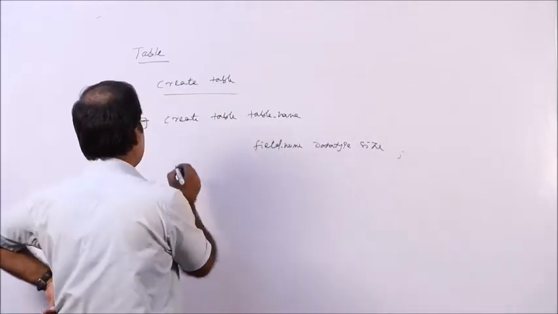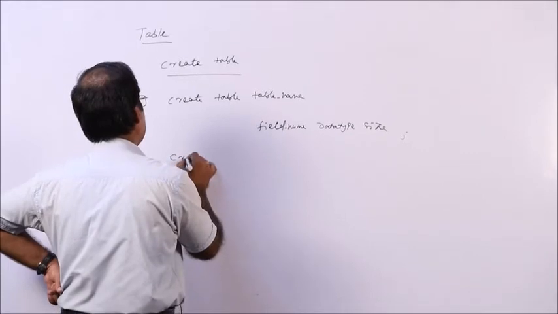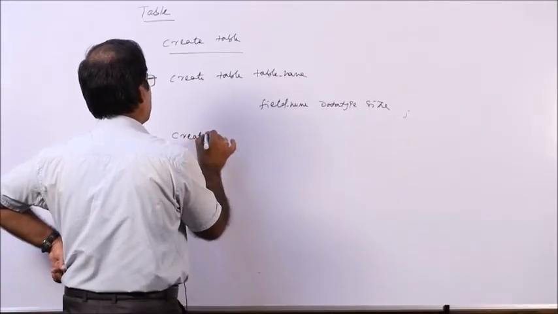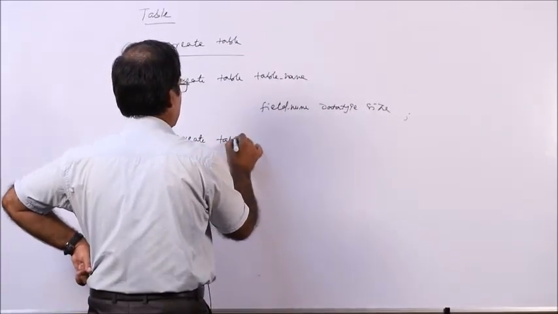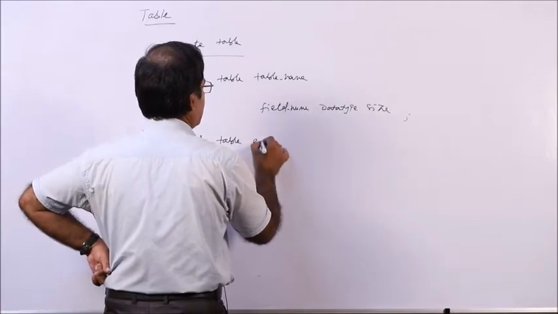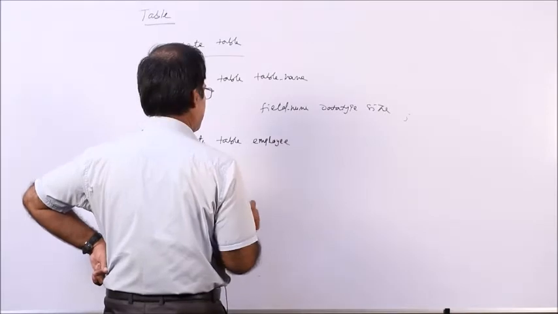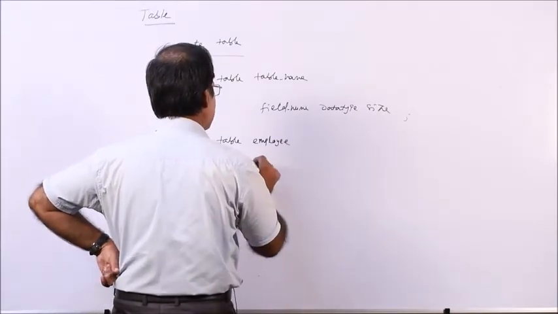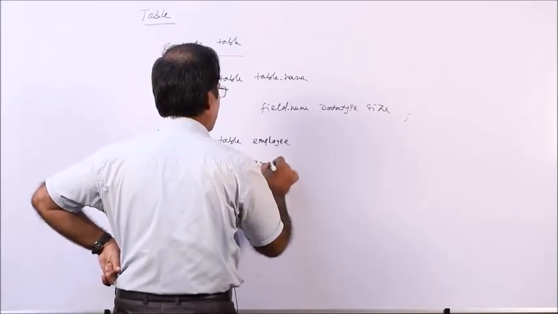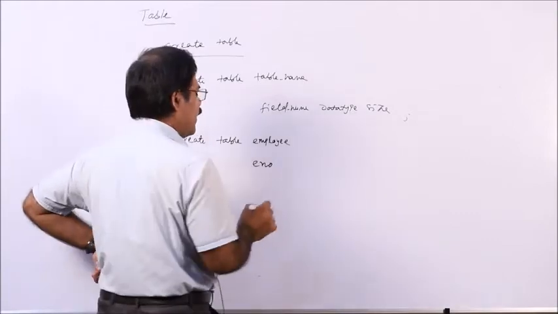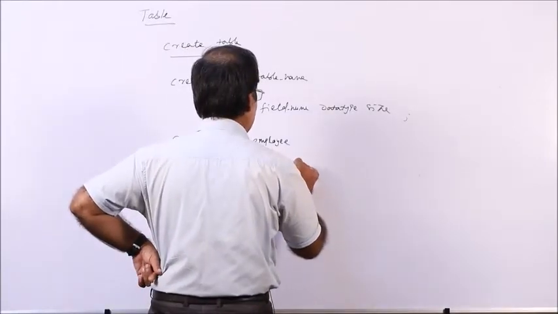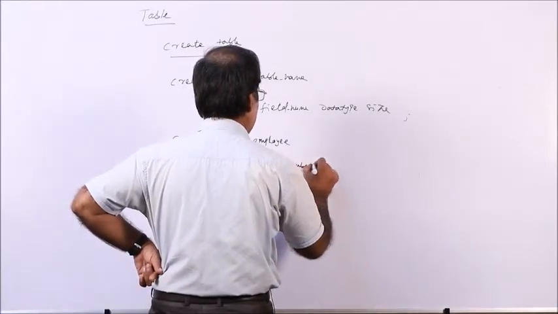Suppose I want to create a table, the name of the table is employee. So, create table employee. Then field name: employee number. Employee number is which type? It is a number type. What is the size?